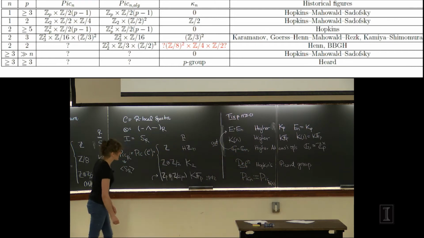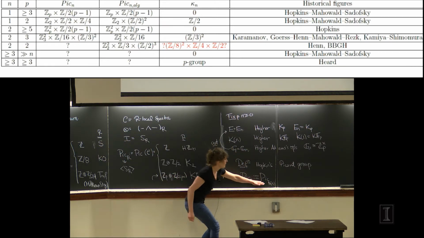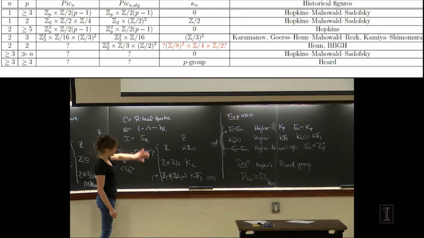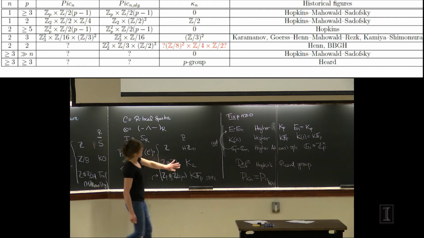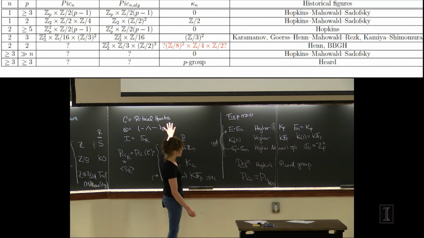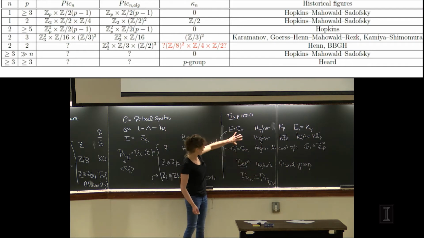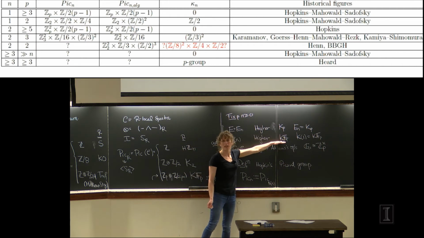So my prime is fixed, and I look at the Picard group in this sense for the K_n-local category of spectra, where I localize with respect to these higher versions of Morava K-theory, okay?